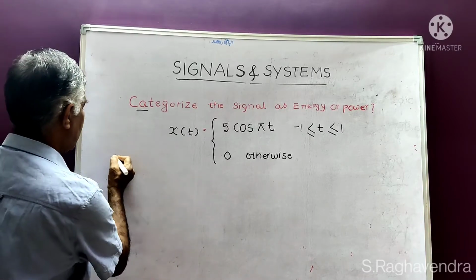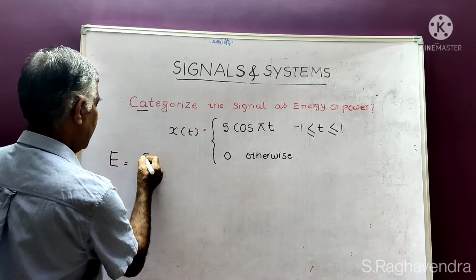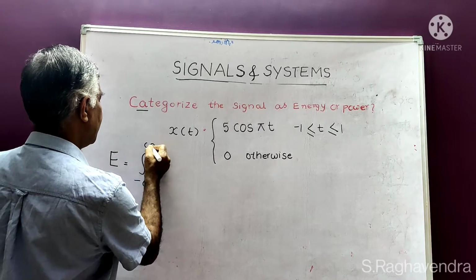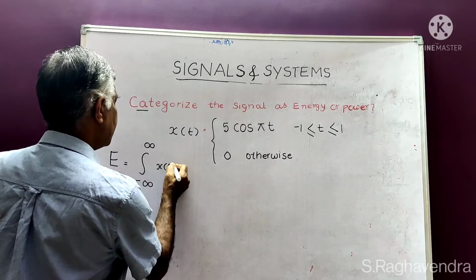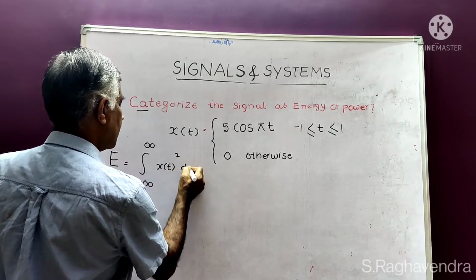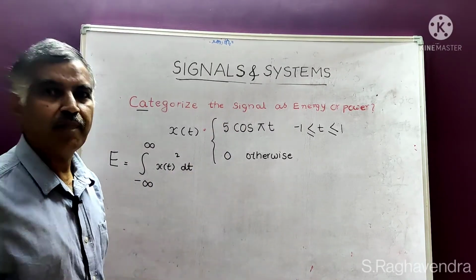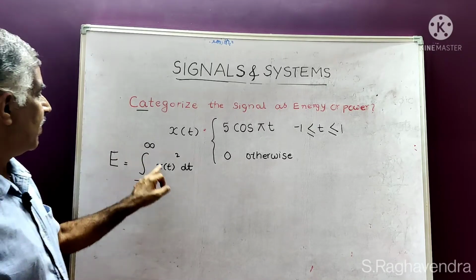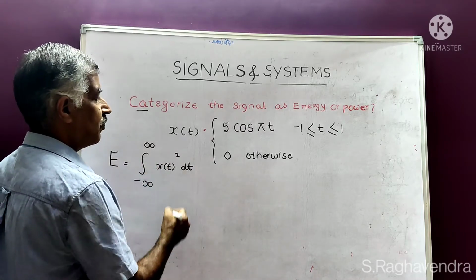Energy calculation, as you know, involves E is equal to integral from minus infinity to plus infinity of x of t whole square dt. In this case x of t is real, there is no complex variable. So this is the energy formula.